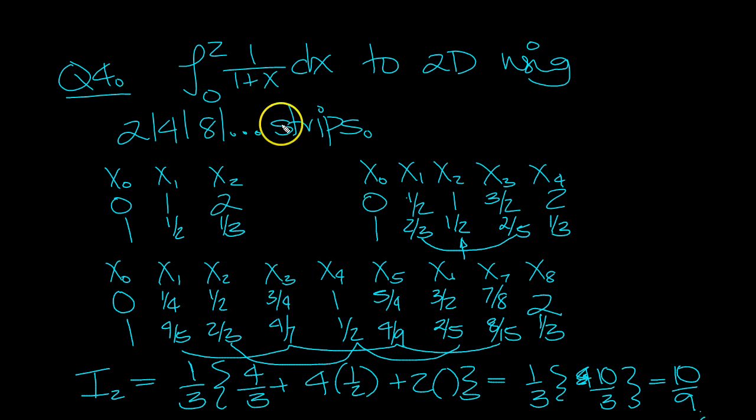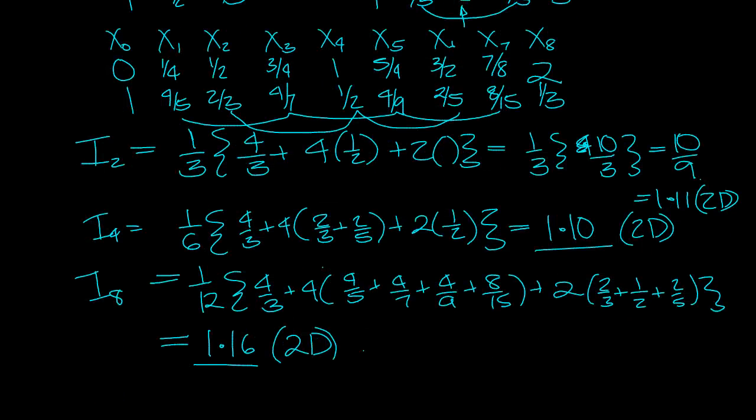Put 3/4 in, 7/4, 4/7. Put 1 in here, you get a half. Put 5/4 in, 9/4, 4/9. Put 3/2 in, 5/2, 2/5. 7/8, 15/8, 8/15. And put 2 in, and you get 1/3. So they're okay, it seems to me.